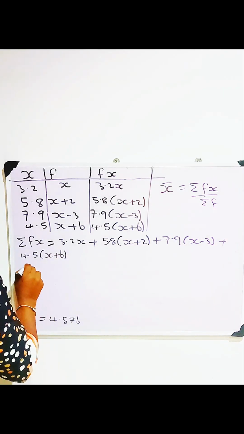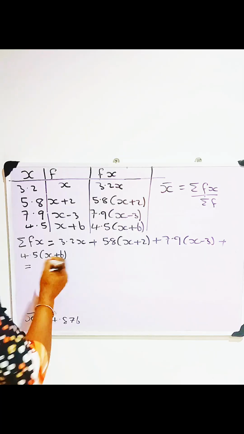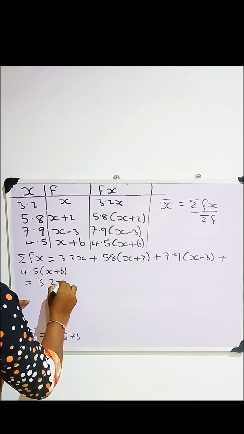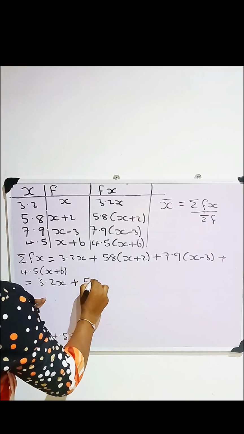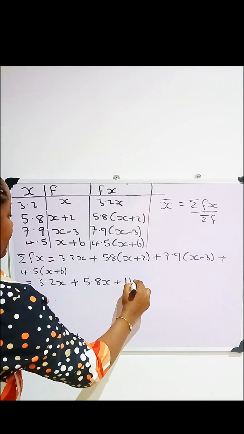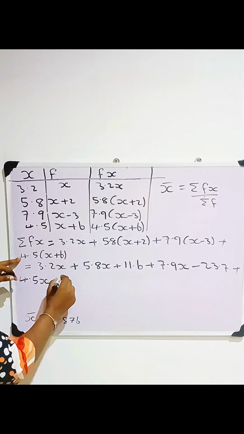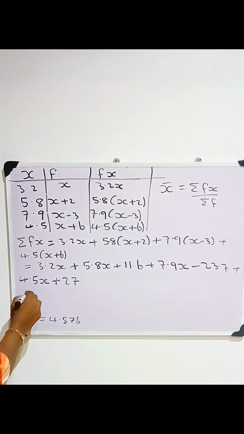Remember, we're looking for our sum of fx. So let's expand and then take the like terms. This is 3.2x plus 5.8x plus 5.8 times 2, which is 11.6, then 7.9x minus 23.7, then 4.5x plus 27.